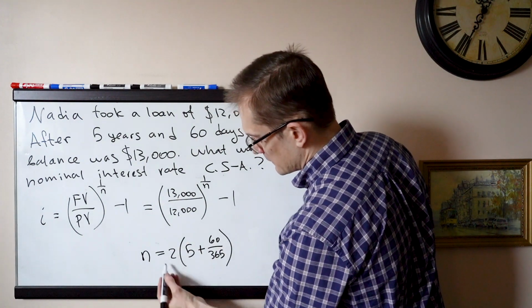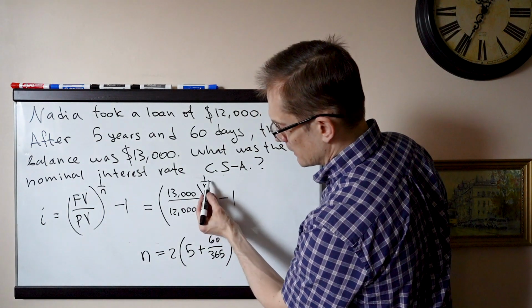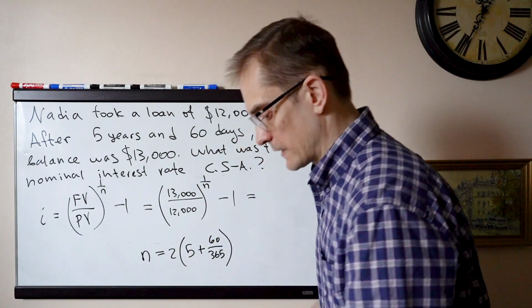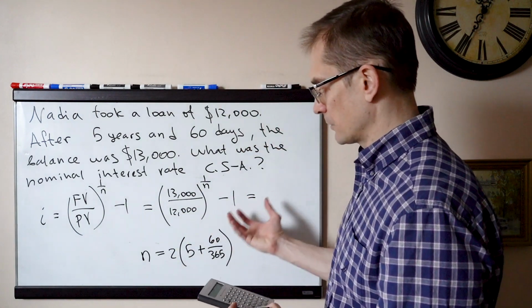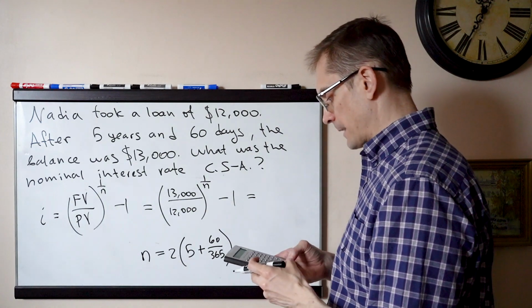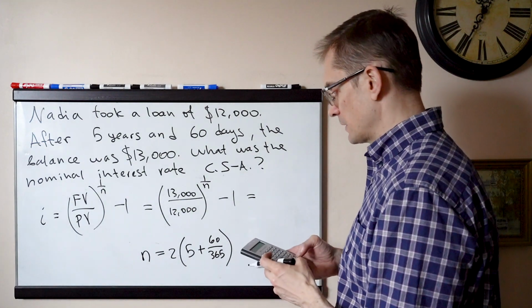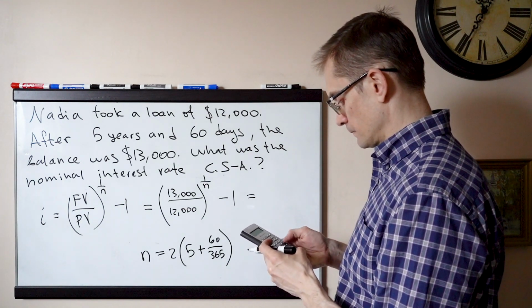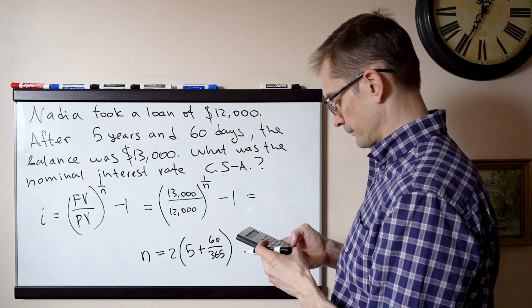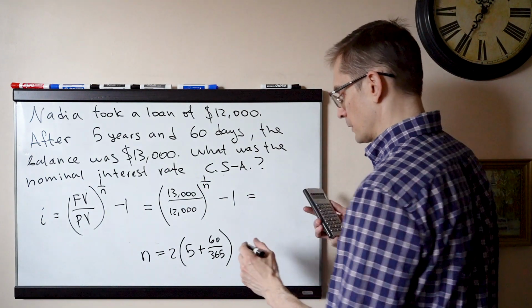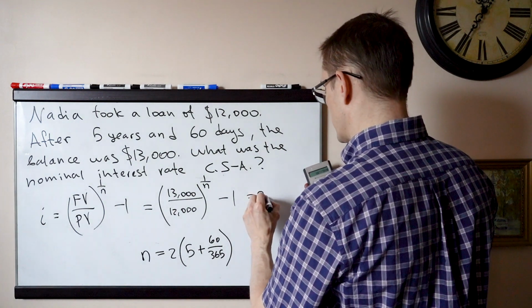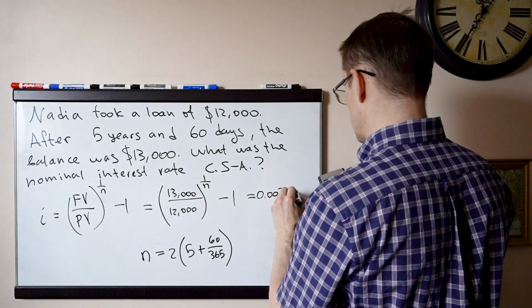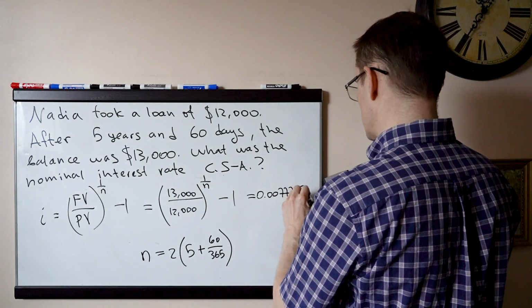Now we can compute this n separately, and then plug it in here, doing the calculation with the help of a calculator. Let's see what the answer would be. Okay, it looks like the answer is 0.0077958.